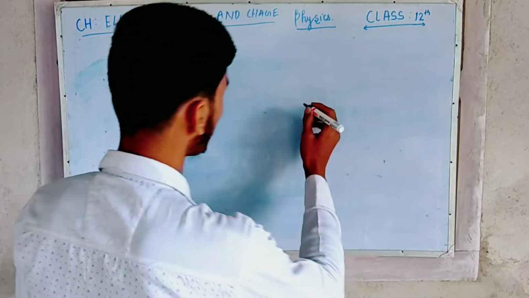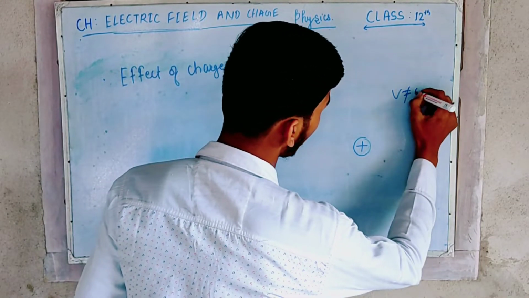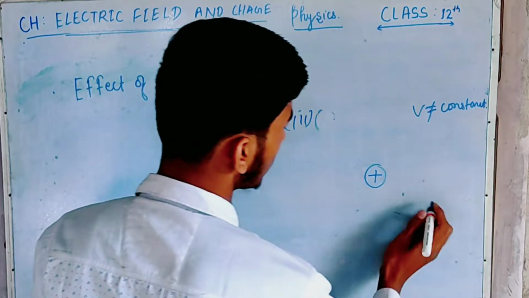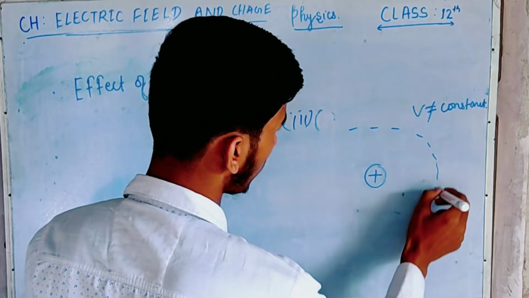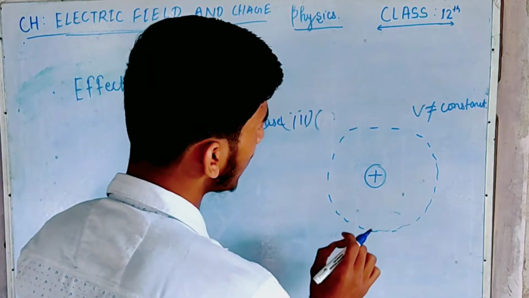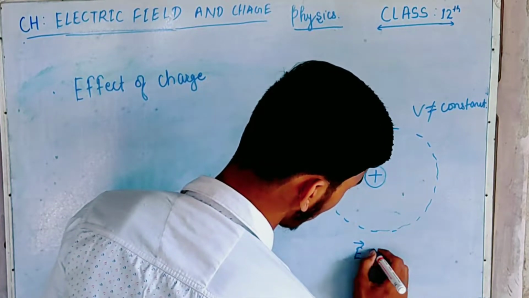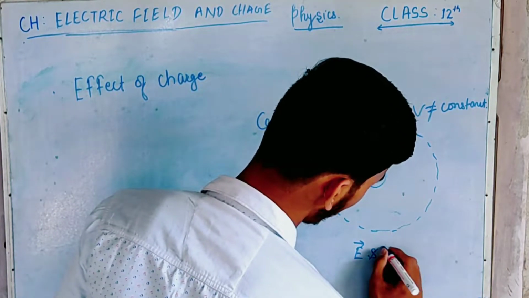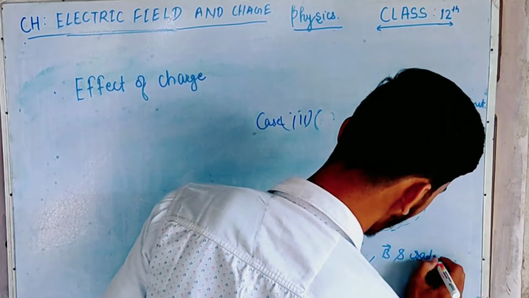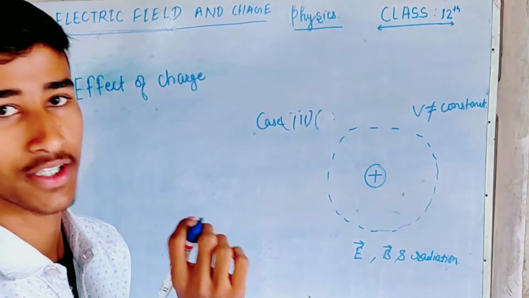Let's suppose the velocity in the third case is non-constant. When the charge moves at non-constant velocity, it will produce around it an electric field, a magnetic field, and radiation, and this is called electromagnetic radiation.